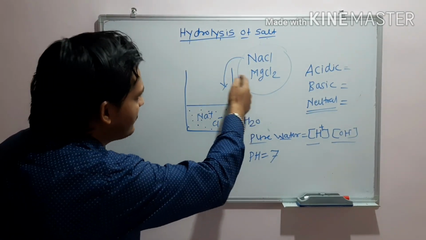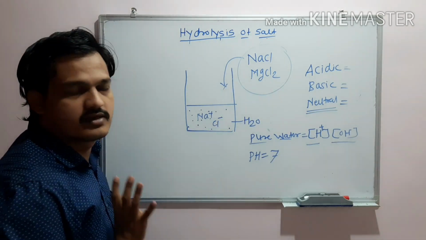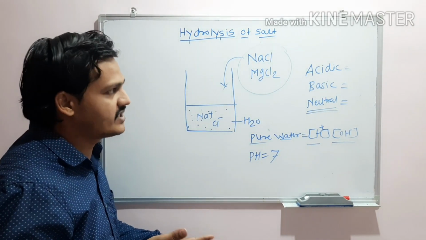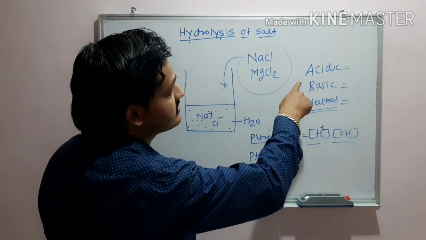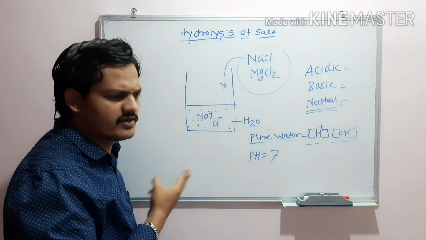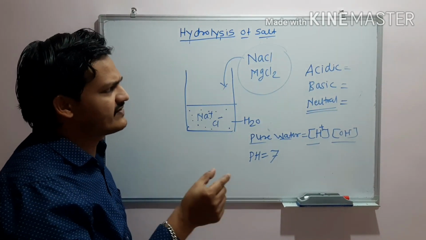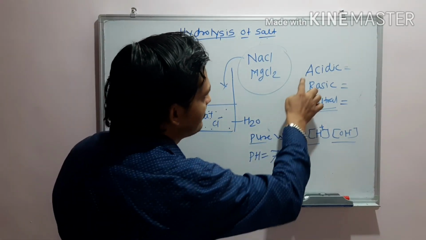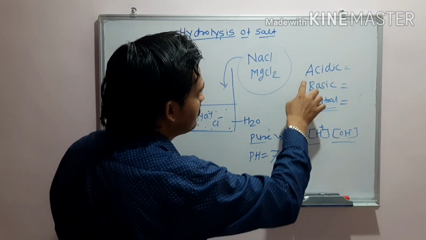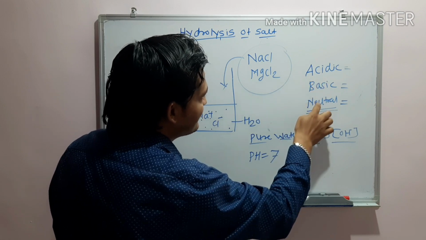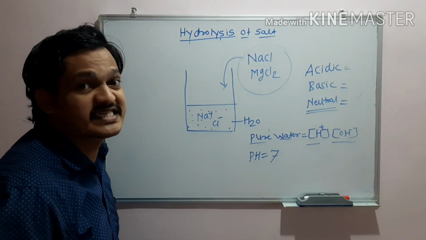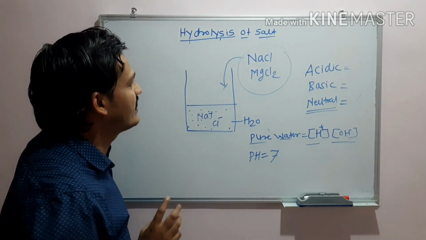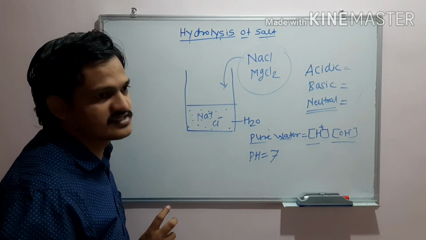Now if I add any salt to this water, the pH definitely changes. So the solution turns into only 3 types. In the last lecture we studied 0 to 7 acidic, 7 neutral, and 7 to 14 basic. So the pH will change, and the solution turns into acidic, basic or neutral depending upon which type of salt I add to this beaker. That is the concept called hydrolysis.